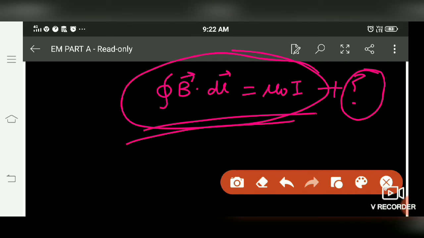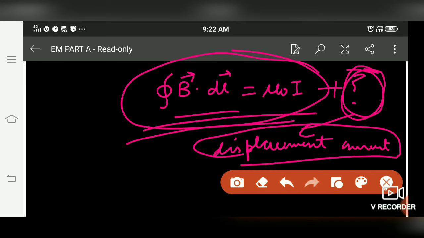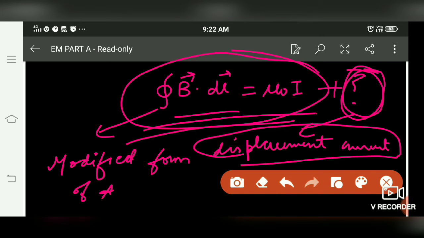If we apply it to, say, a capacitor, there is a term missing, and that term is called displacement current. When we add this displacement current to Ampere's circuital law, the resultant law is called the modified form of Ampere's circuital law.